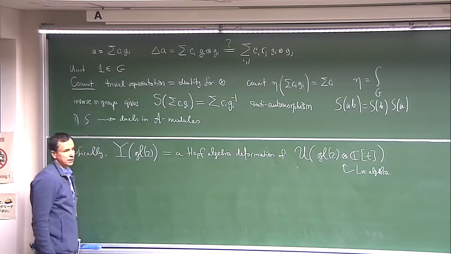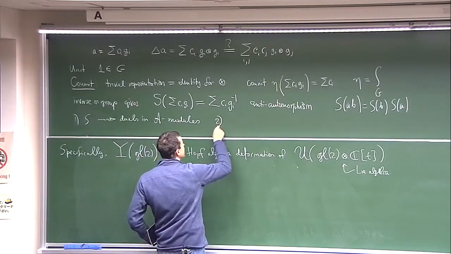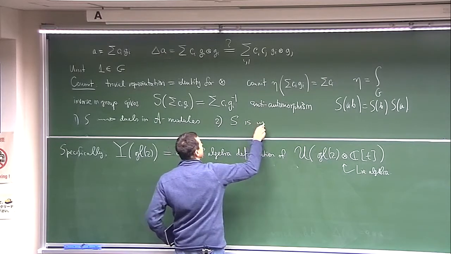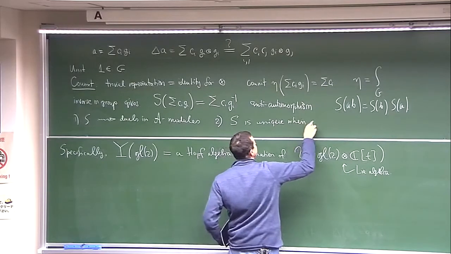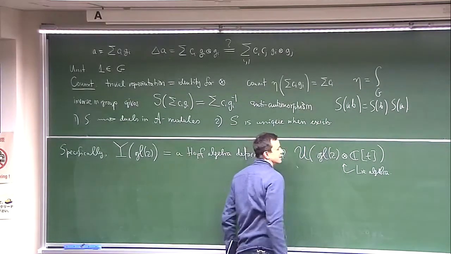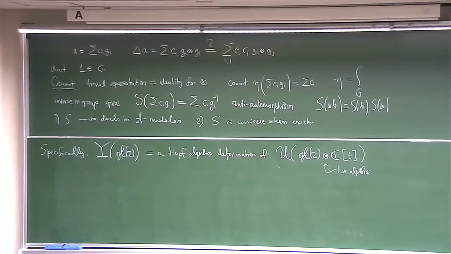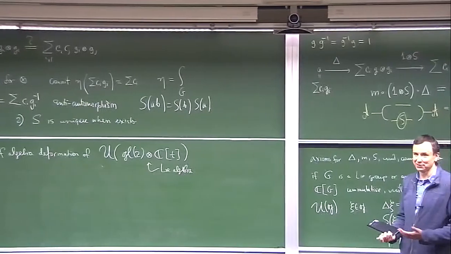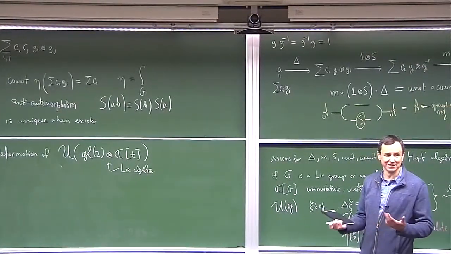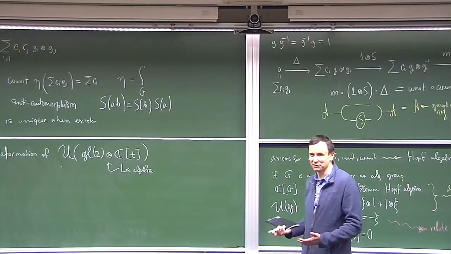In general there are left duals and right duals, but let's not worry about it, because S is unique when it exists. It's the same thing in a group, or a finite group. If I gave you a semigroup, if it is a group, you'll know it. If there is an inverse, then it's just the set-theoretic inverse.